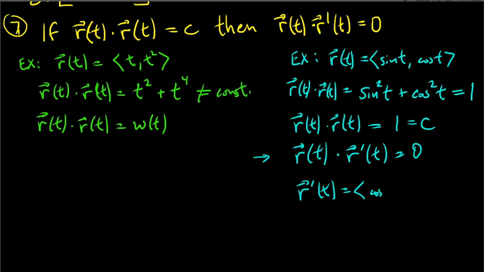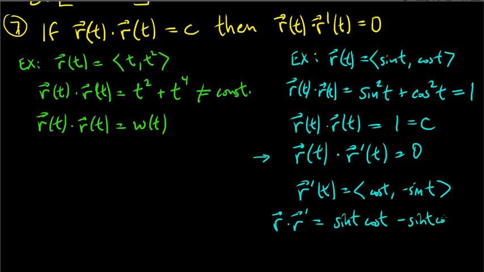The x component is cosine, the y component is negative sine. You're not multiplying. So the dot product of R with its derivative is just going to be sine times cosine plus negative sine times cosine, which of course is 0, as promised. That dot product would have to be 0.